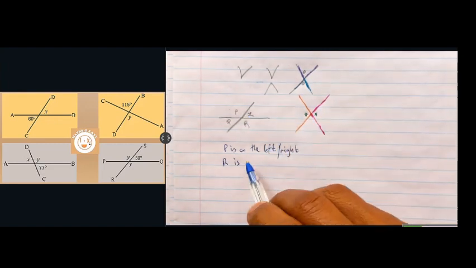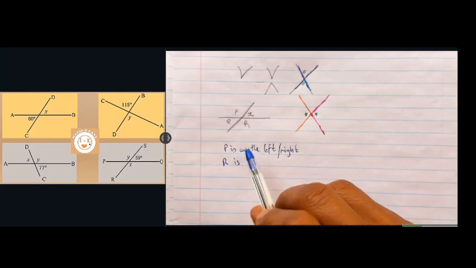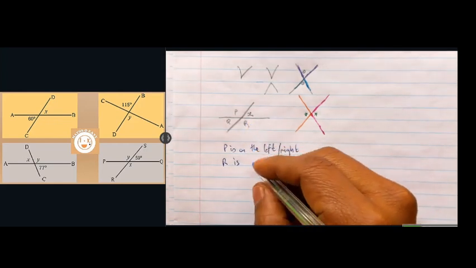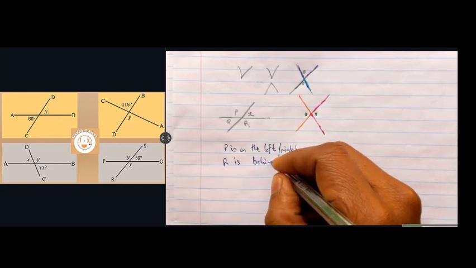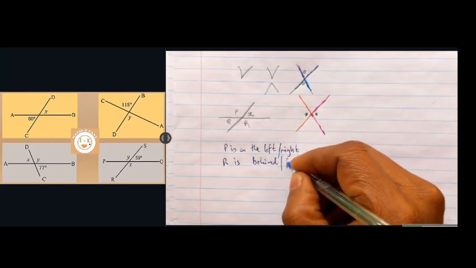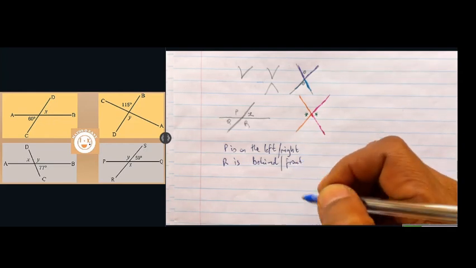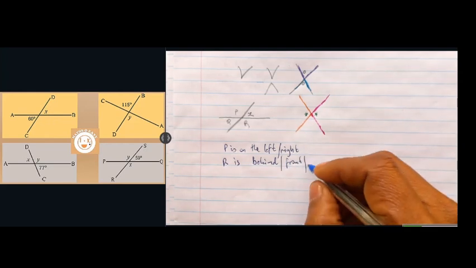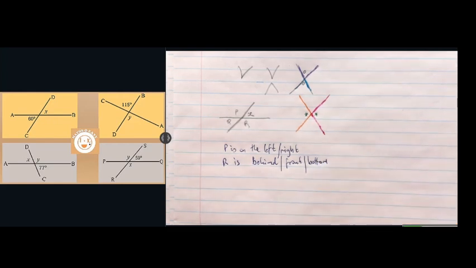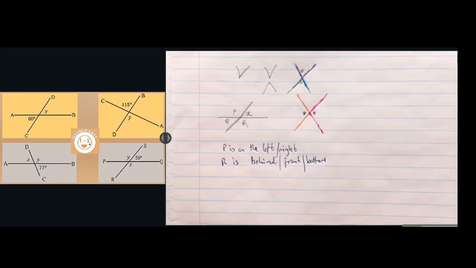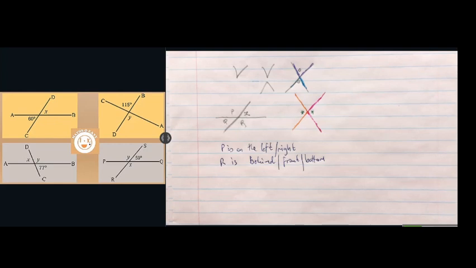Okay. What about this R? This R is behind you. If you are facing that direction, it is behind or in front of you. Okay. So it is at the bottom. If you have to use other words, you see, I even give you creative writing.